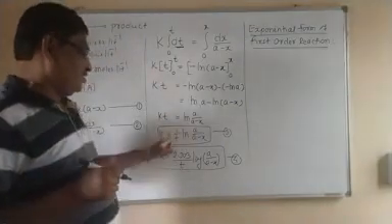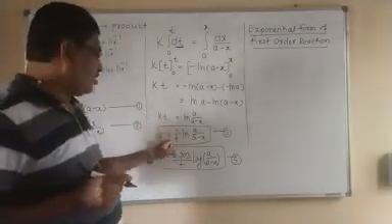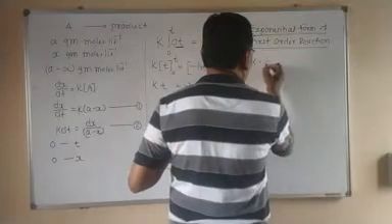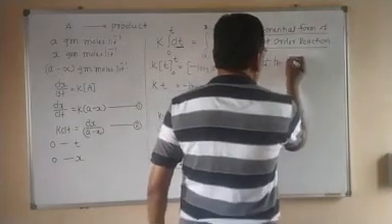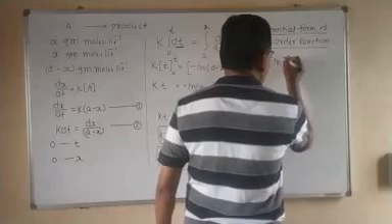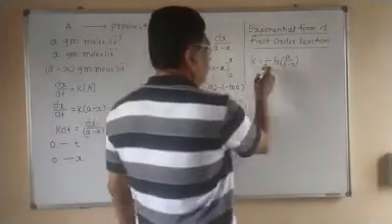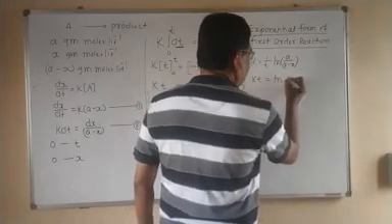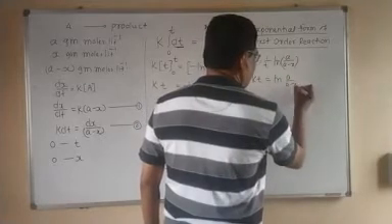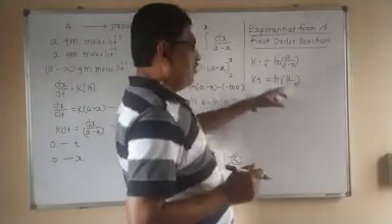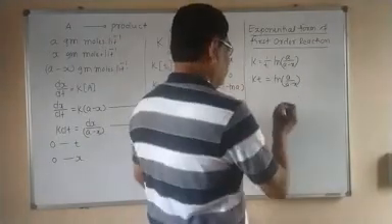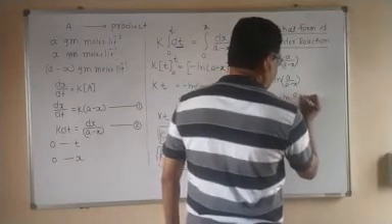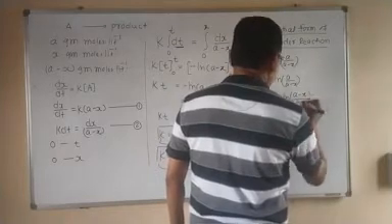For that purpose, equation number 3 should be taken into account. I write it once more. K is equal to 1 over t ln of a over a minus x. Very simple. We arrange it. Kt is equal to ln of a over a minus x. Now numerator and denominator are exchanged, so the negative sign has to be raised. Minus Kt is equal to ln of a minus x over a.